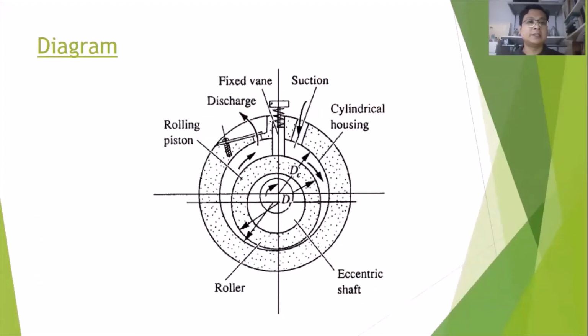Now you can see the system diagram of the rotary compressor here. The static station is the outer one, and the second one is the roller as the moving part.